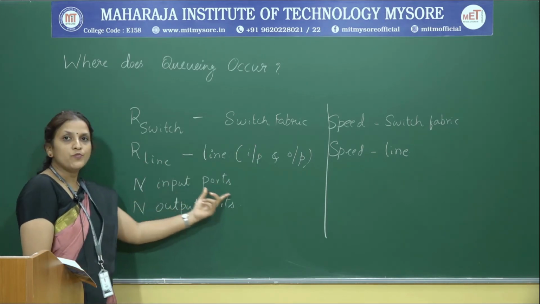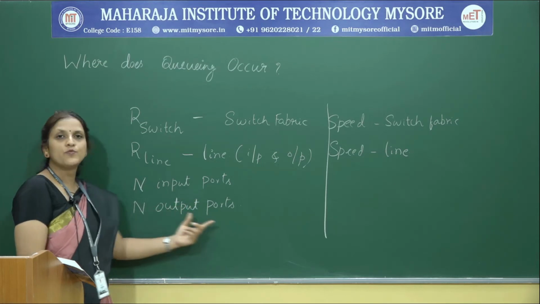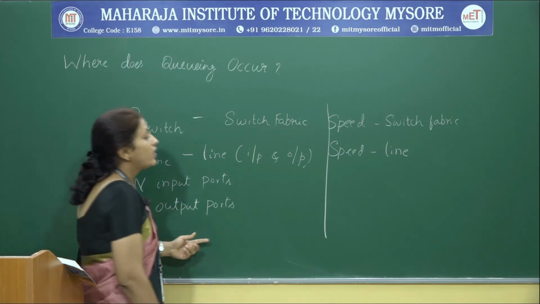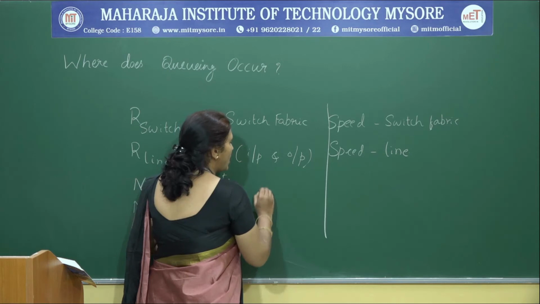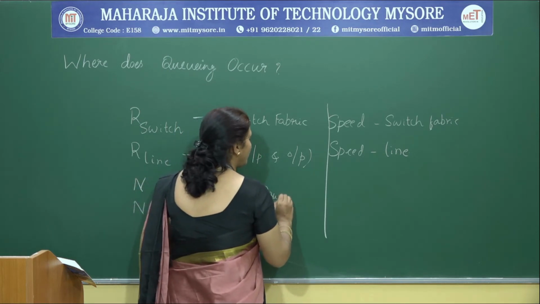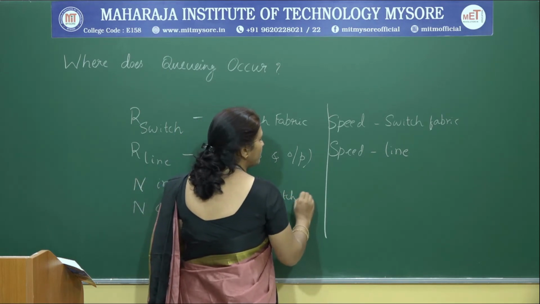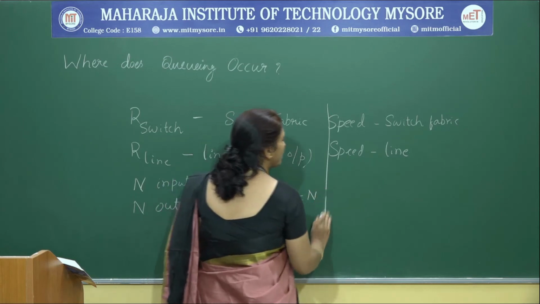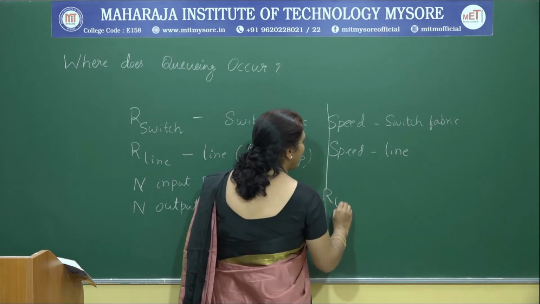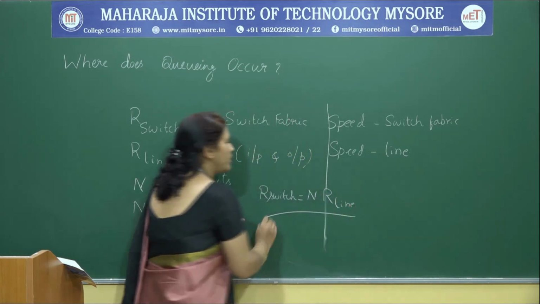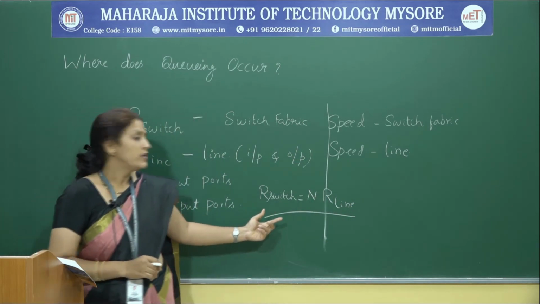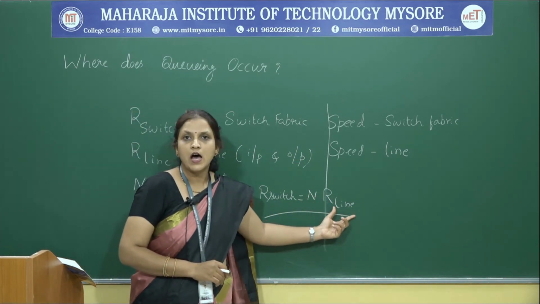There are N input ports and N output ports. Considering that our R switch is N times R line, that is, R switch transmits a packet N times faster than R line.